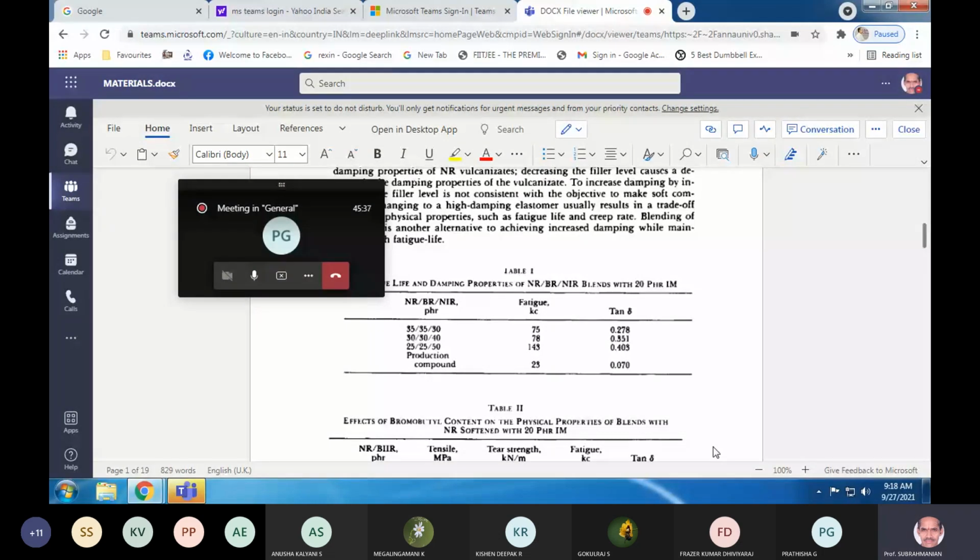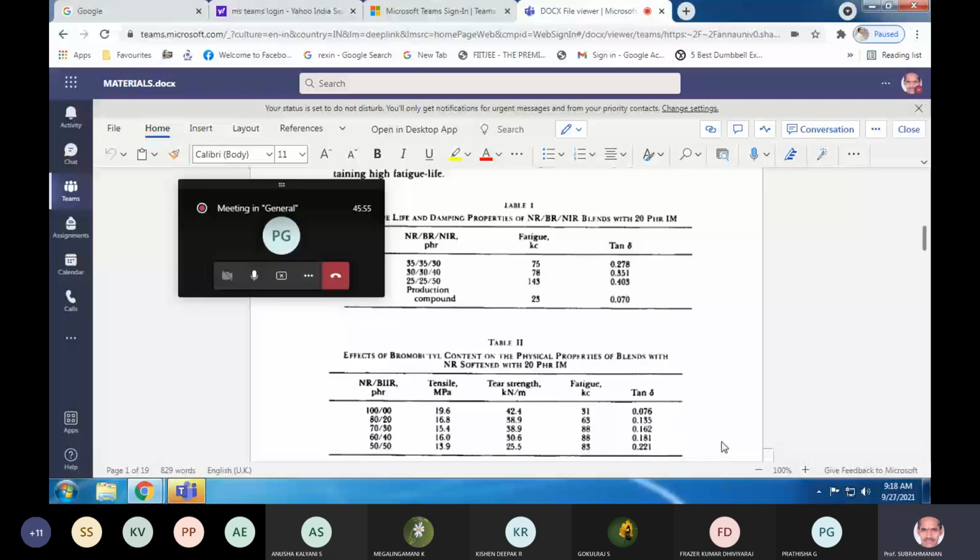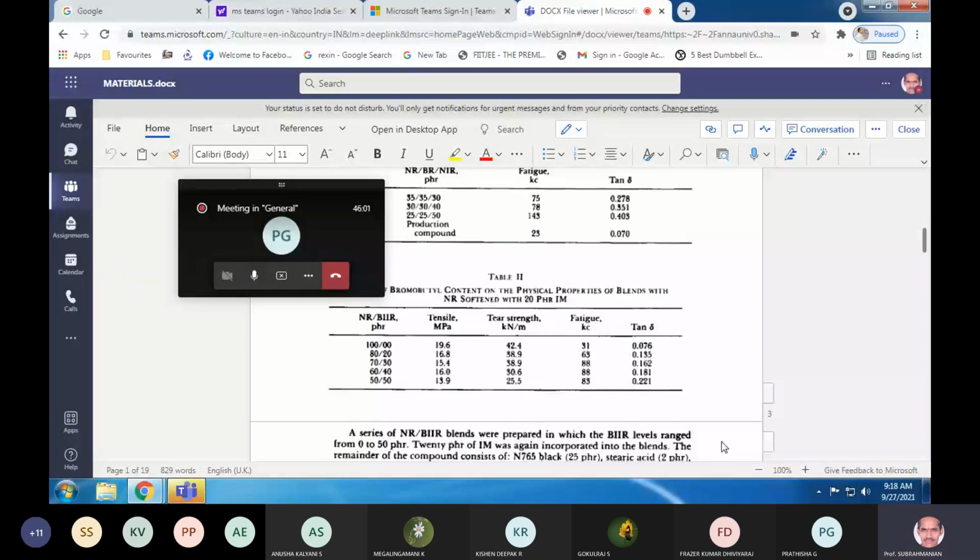So what is it that we are discussing here? The ternary blend containing the fourth component, a reactive plasticizer. IN is the liquid isobutylene reactive plasticizer. Look at Table 2. This is NR and bromobutyl.